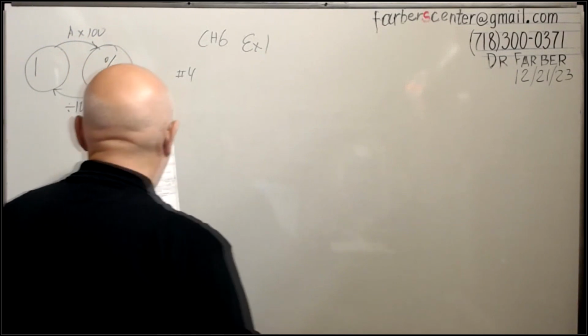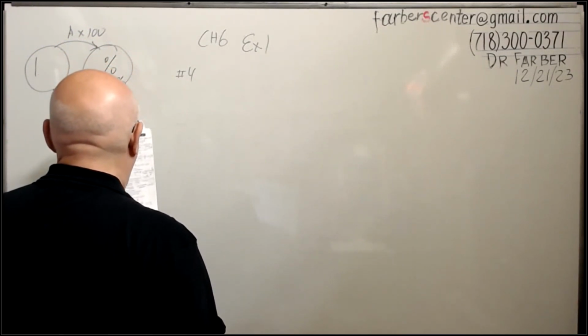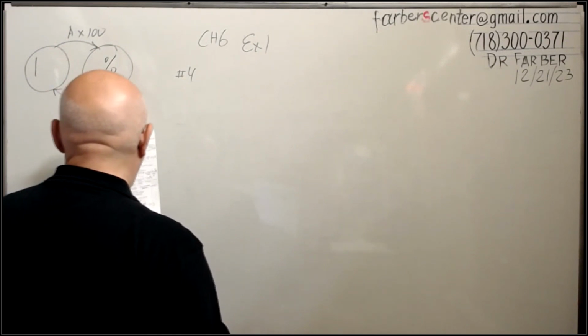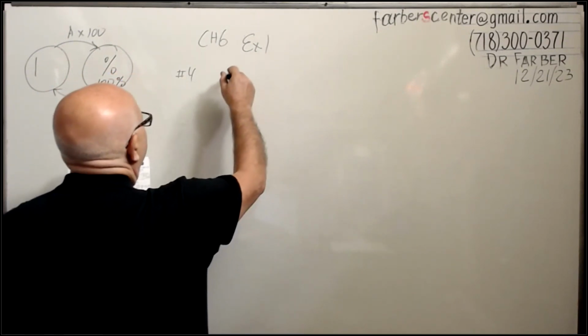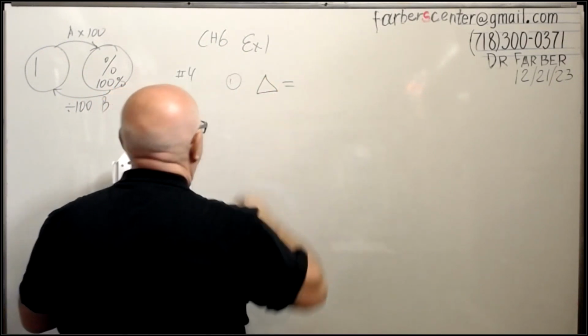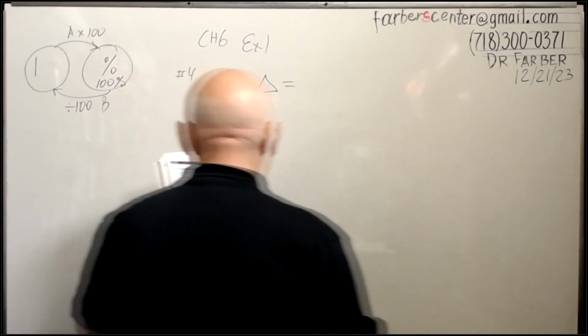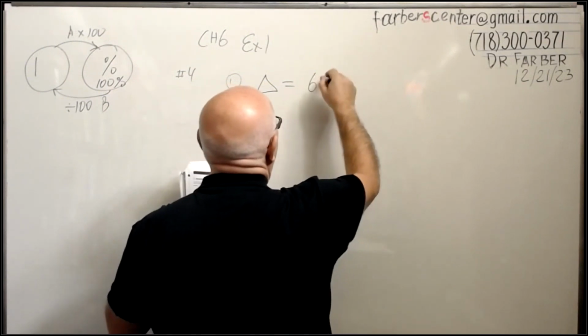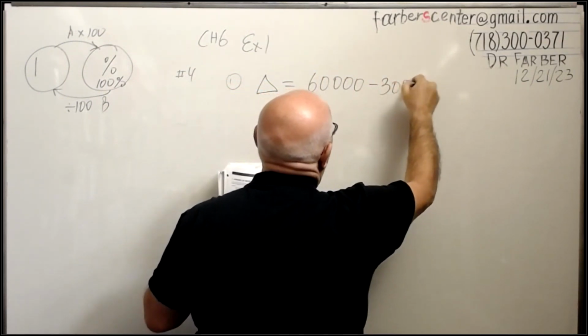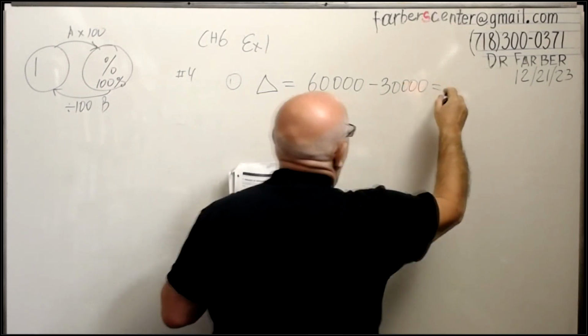Number 4. It's the same as what we have here, from 30,000 to 60,000. Step 1, find delta, the change, the difference. Finally it's 60,000, initially 30,000, so delta will be 30,000.